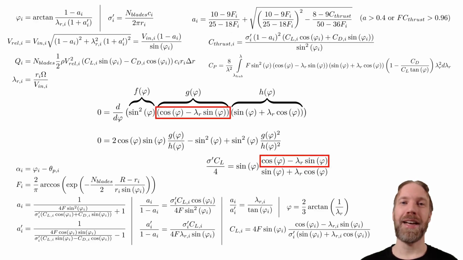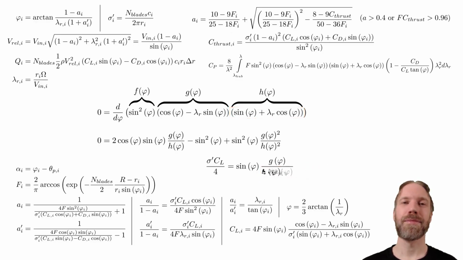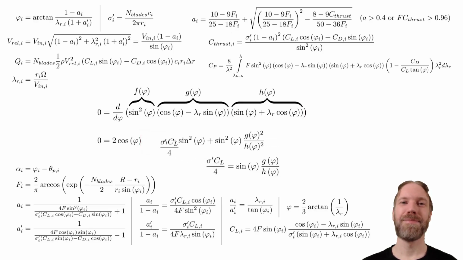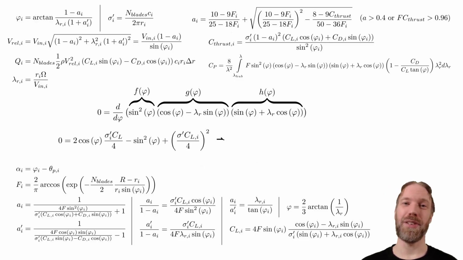Identify the denominator as g of phi. Identify denominator as h of phi. We can now insert the expression here. And here as well. This is a quadratic equation, and we know the solution for those.